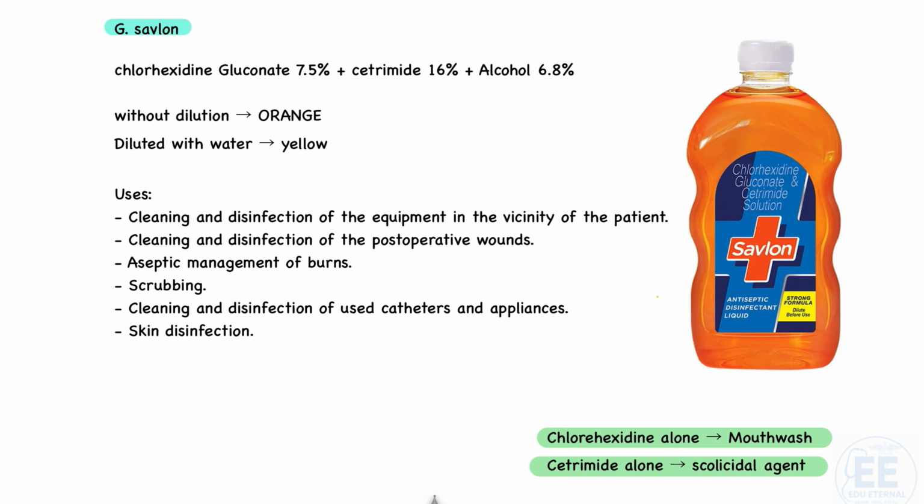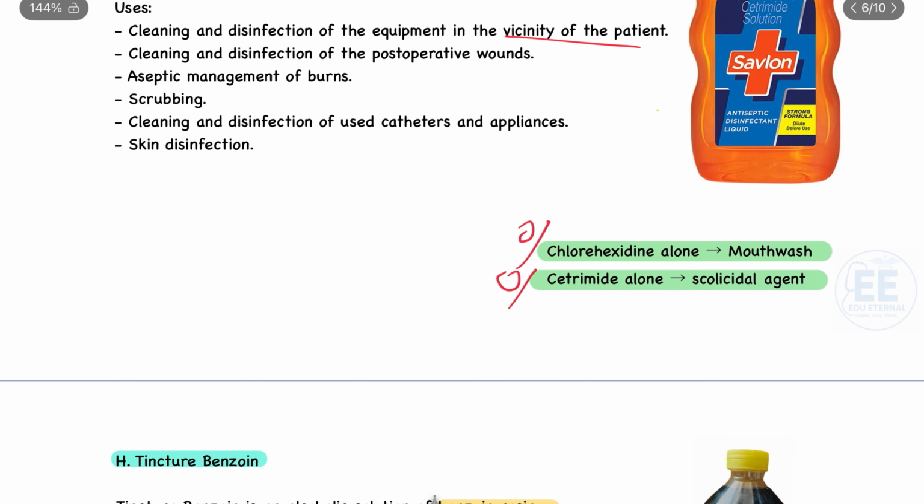Uses include cleaning and disinfection of equipment in the vicinity of the patient, cleaning and disinfection of the post-operative wound, aseptic management of a burn, scrubbing, and cleaning and disinfection of used catheters and appliances. Chlorhexidine alone is used as a mouthwash, and cetrimide alone is used as a scolicidal agent.